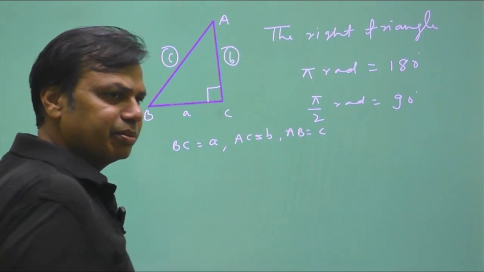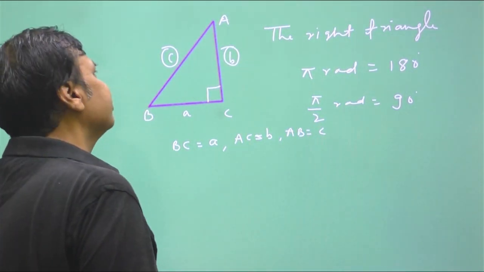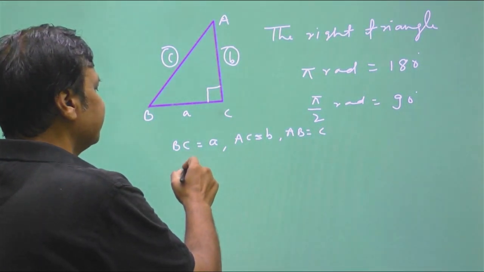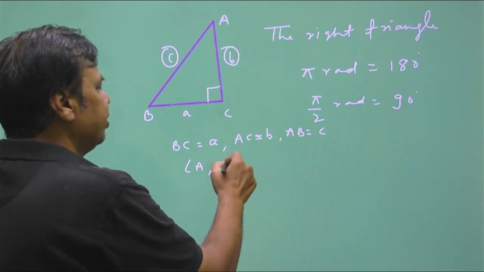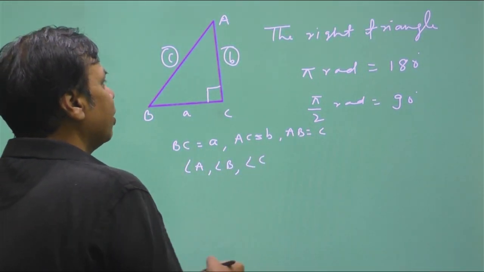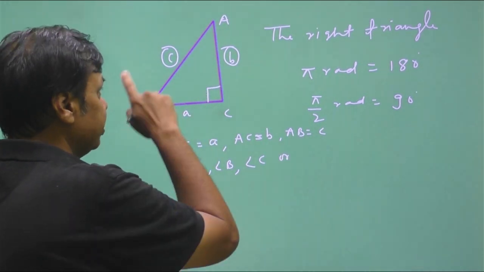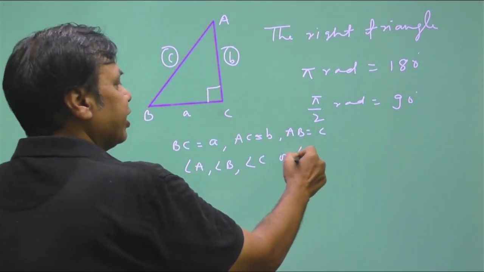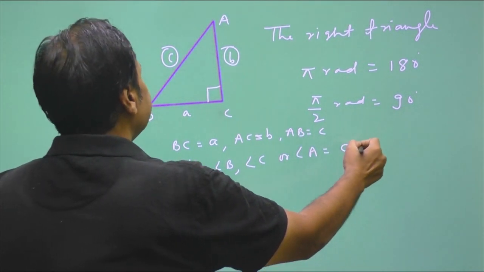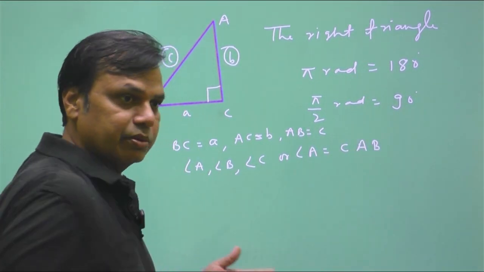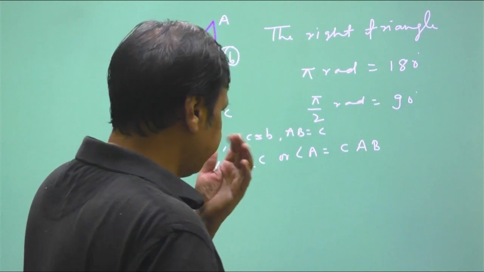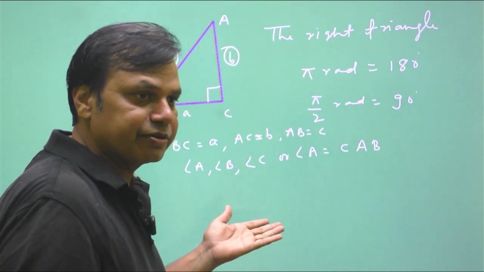See, in the same manner, again a convention. You can write the angles simply as angle A, angle B, angle C, or you can write angle A as angle CAB. That's true. Like you can write like this.